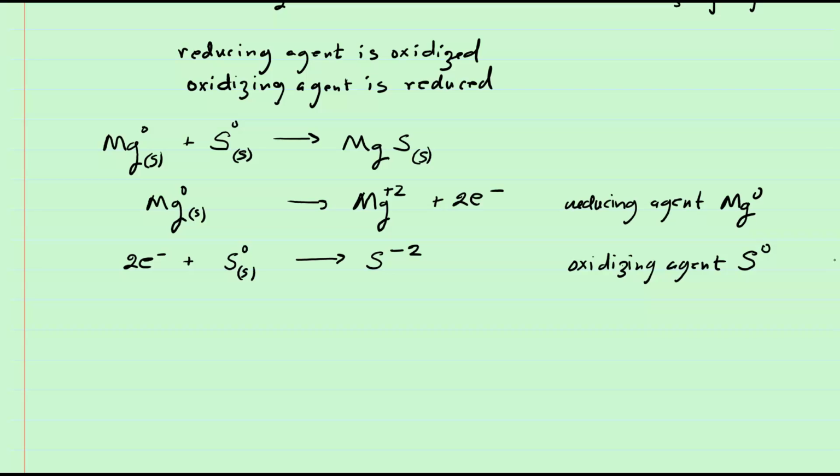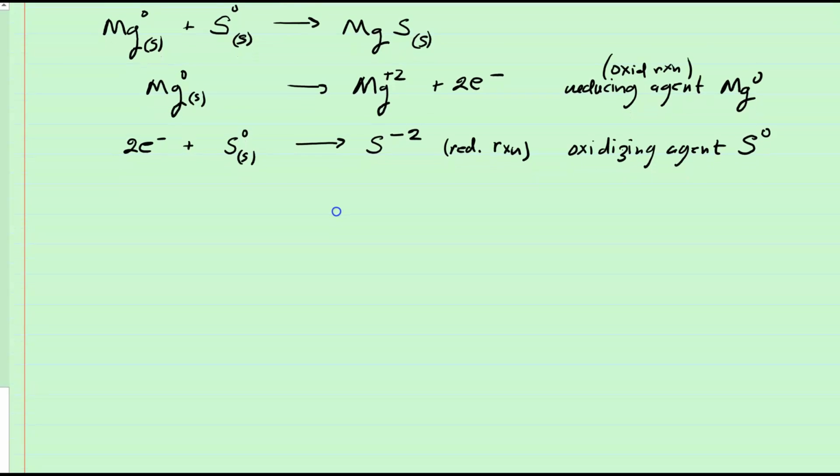So what we say is this is a reduction reaction. And the magnesium lost 2 electrons, so this is the oxidation reaction. So hence we have a redox reaction again. We say that the magnesium metal was oxidized to magnesium ions, and the sulfur element was reduced to sulfide ions.